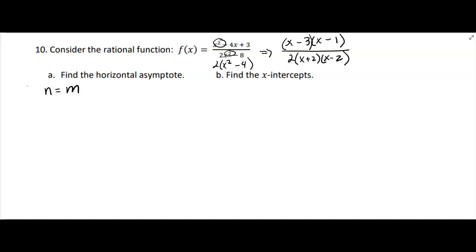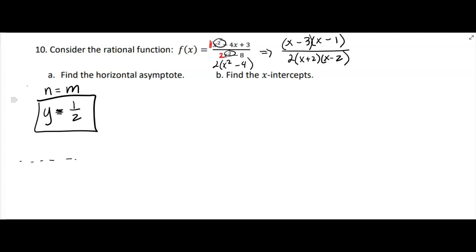It's the top one that you're looking at compared to the bottom one, the degrees. This time they're the same, and so you use the coefficients. There's a 1 here and a 2 here, and that is your horizontal asymptote. Y equals 1/2. Sorry, that's a horizontal line at 1/2. Okay, so that's the horizontal asymptote.